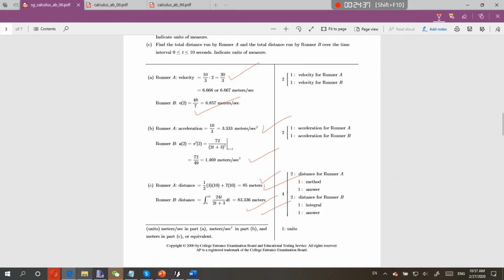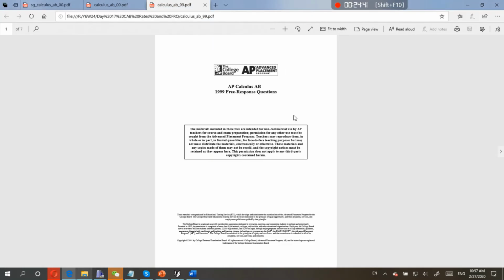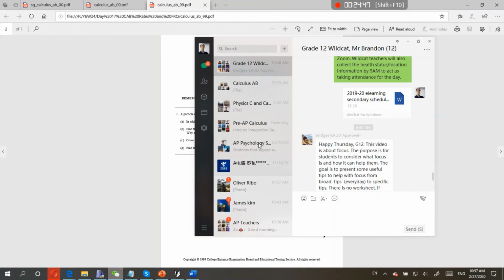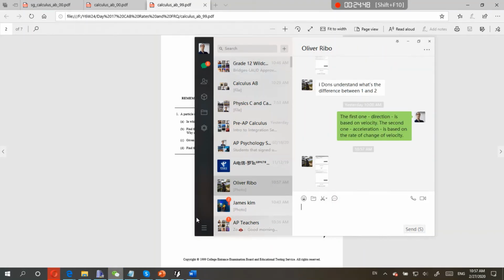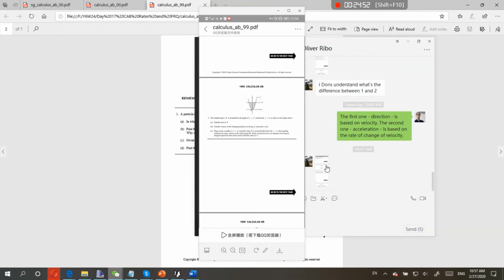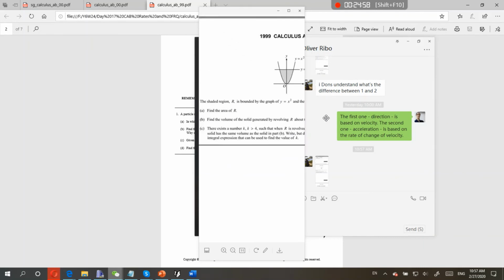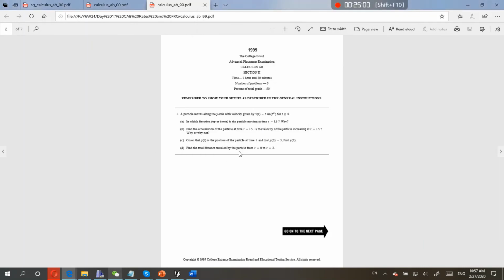Number C. I sent it to you on WeChat. Okay. Can you tell me the question number? Number 2. Okay.